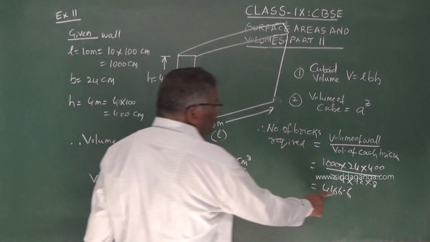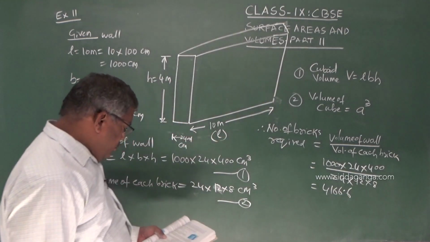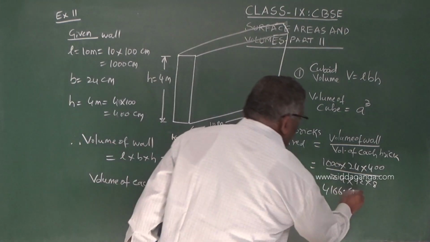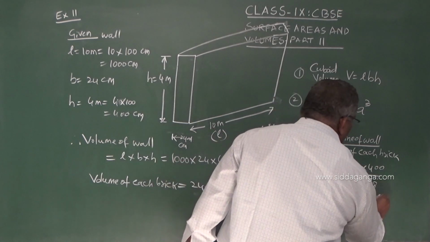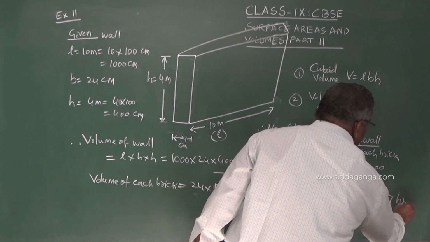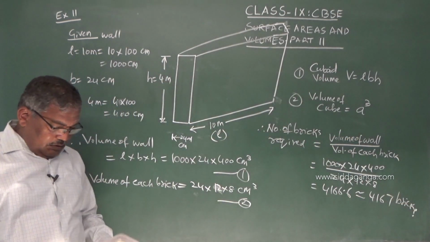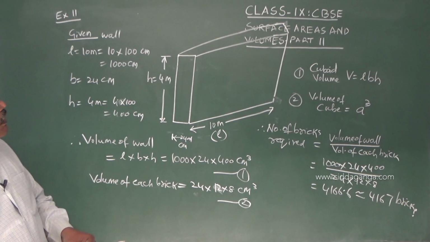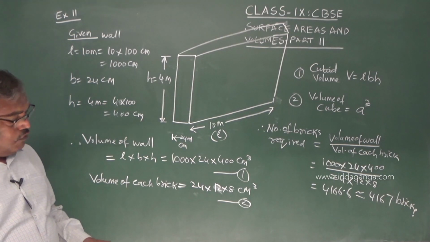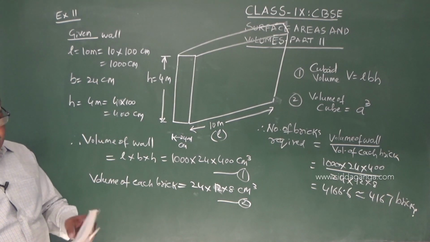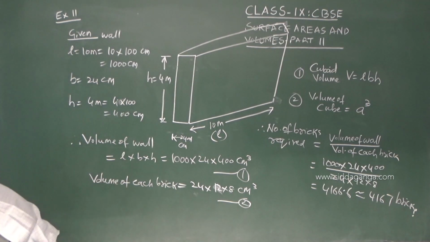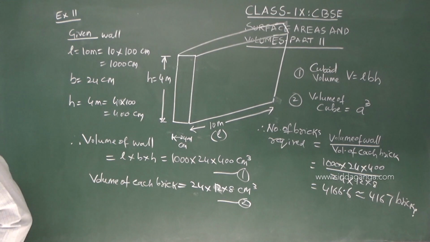We cannot say 0.6 bricks, therefore you can round up to 4167 bricks. So total number of bricks required is 4167. Note down please.